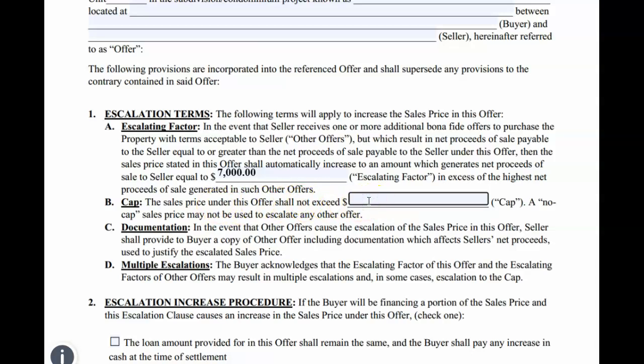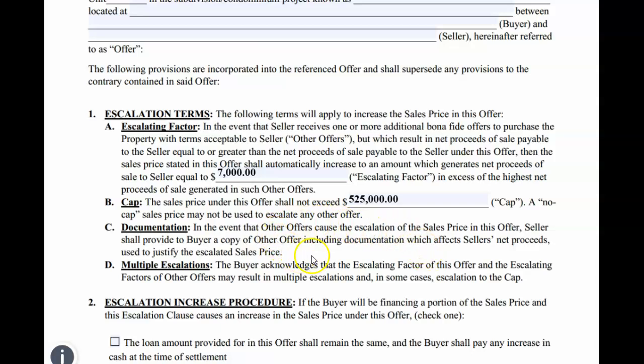So in this case, let's say we're at a hypothetical $500,000 price, and we have a cap of $525,000. Now it doesn't mean you're going to pay $525,000. It could be, as in the example, that there's another offer at $510,000, so you're going to escalate by $7,000, and you'd be at $517,000.